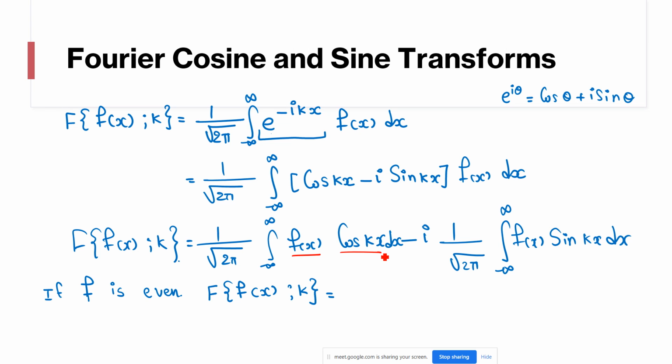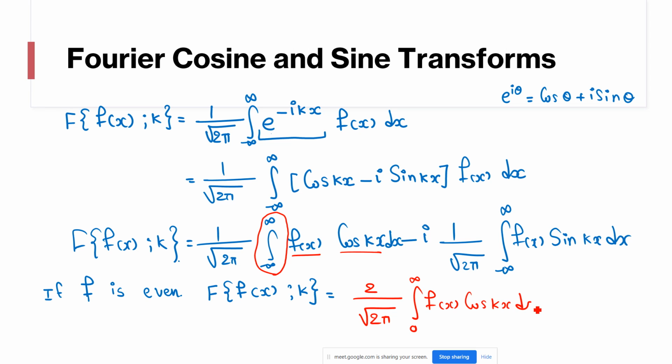So this integral from minus infinity to infinity becomes 2 times the integral from 0 to infinity. So it is 2 divided by root 2 pi, integrating from 0 to infinity f of x cos kx dx.